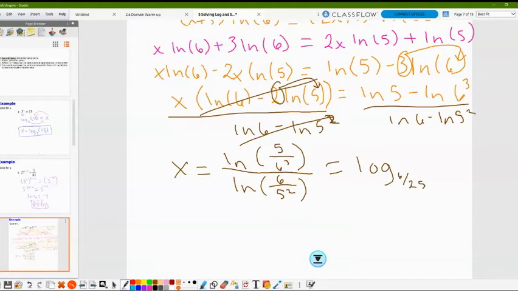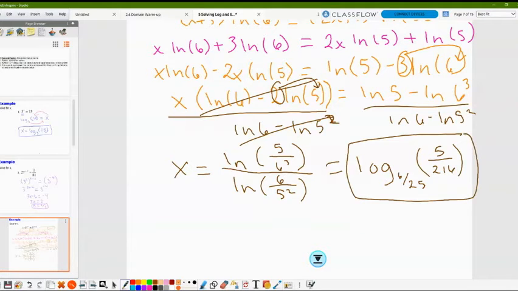So log base 6 over 25, that 5 squared just becomes 25, of what we're taking the log of in the numerator. So that's 5 over 6 cubed, and 6 cubed is 216. So we'll write that as 216. So it's log base 6 over 25 of 5 over 216 equals x. That's what x equals.